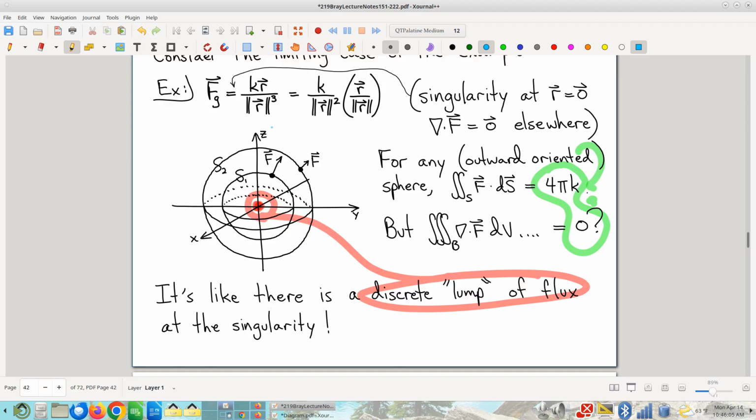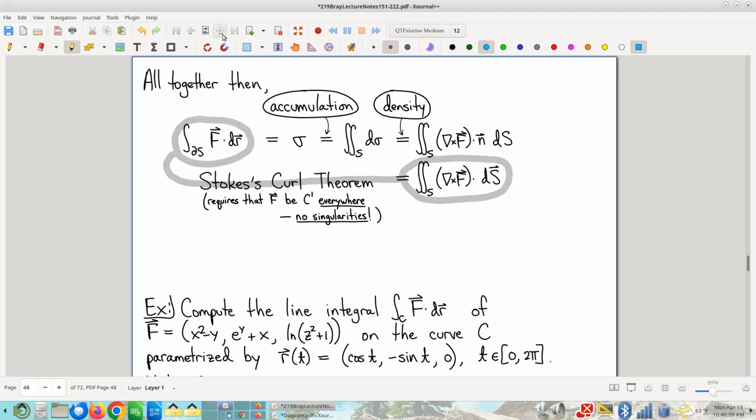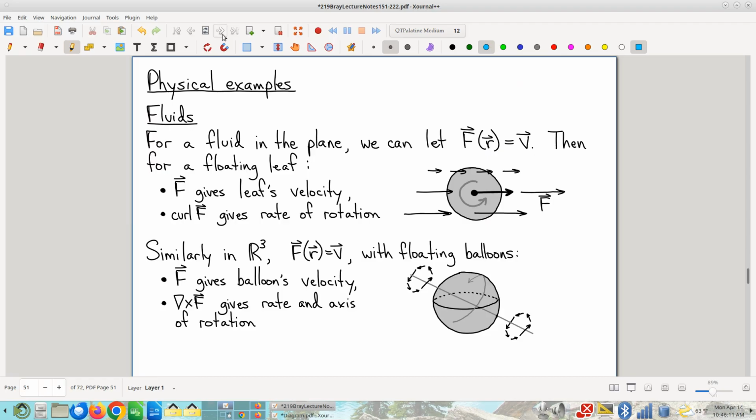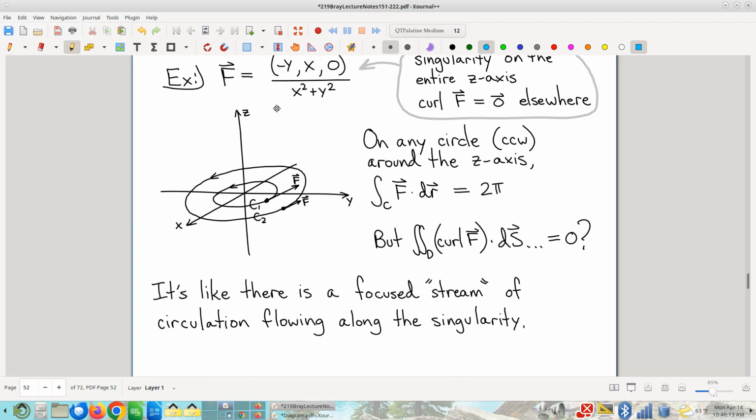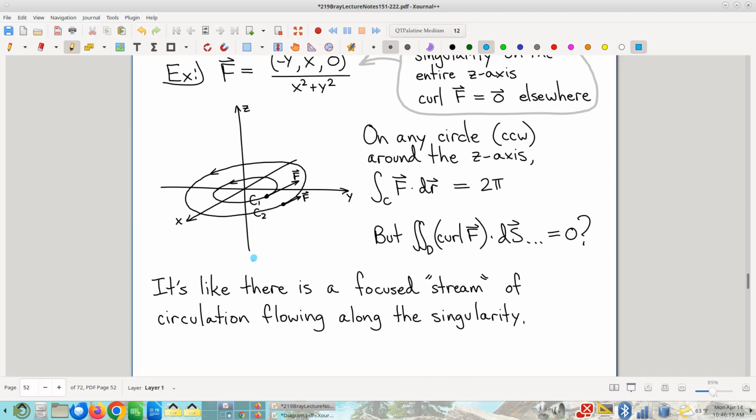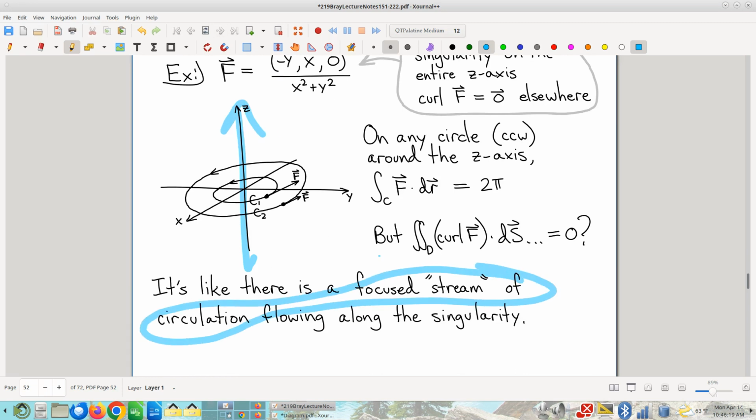And in the same way, how should we think about this focused stream of circulation? It's the current, the one-dimensional current in a curve, in a one-dimensional curve that is our metaphor for thinking about current in a wire, right?